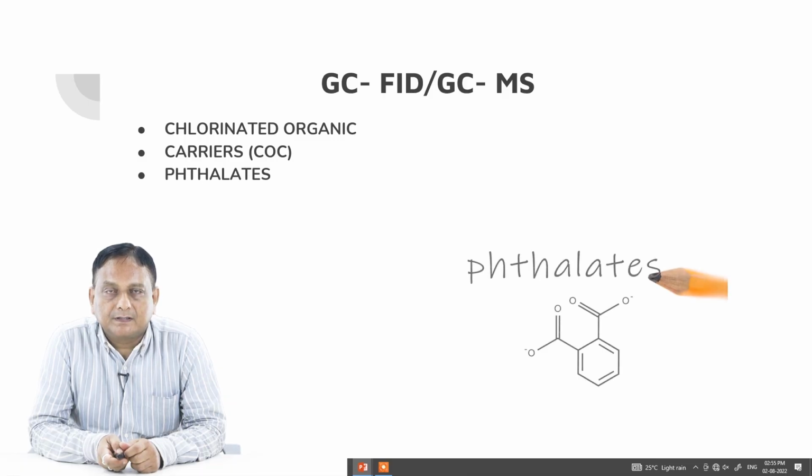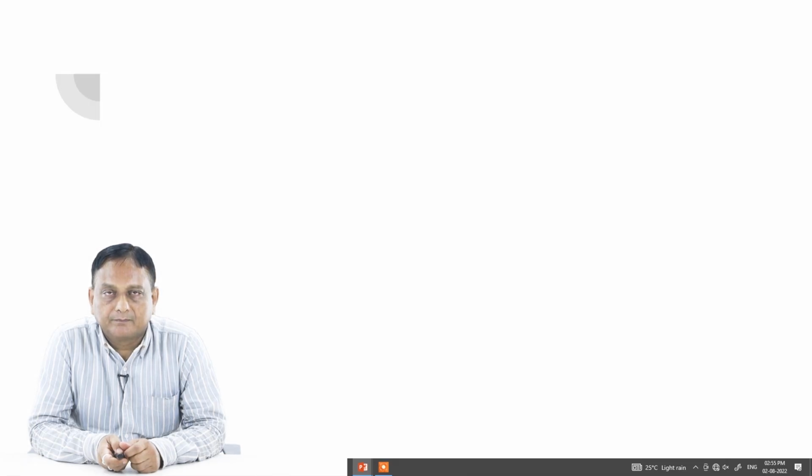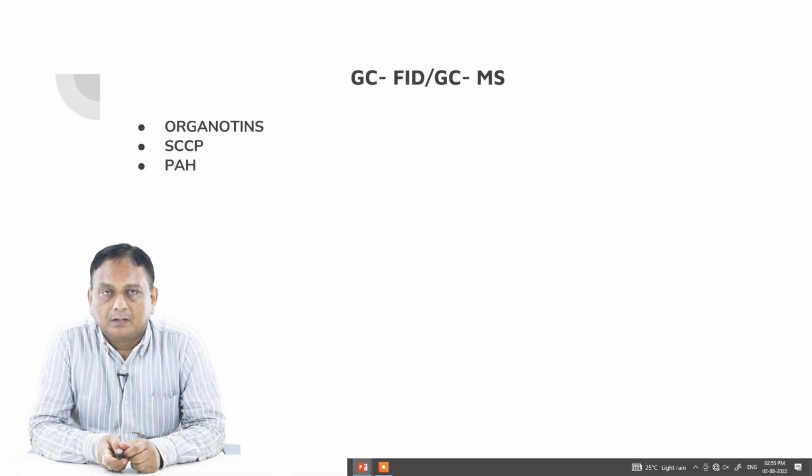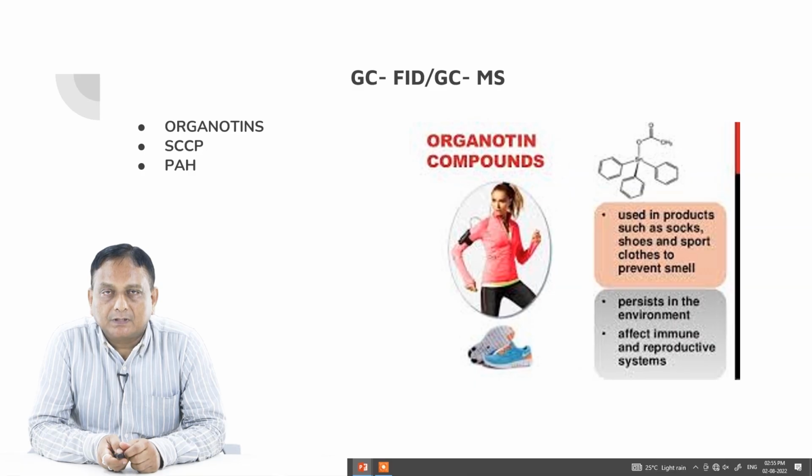Also the determination of organotin compounds, SCCP, short chain chlorinated paraffins, then PAH. So, these are very harmful chemicals which are detected by GC-FID or GC-MS.